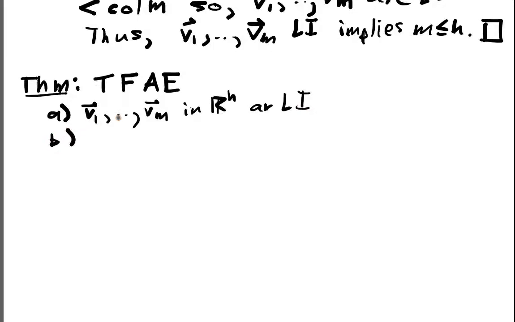B, actually we want an n here, right, so we're assuming that we have n vectors, v1 up to vn span Rn.